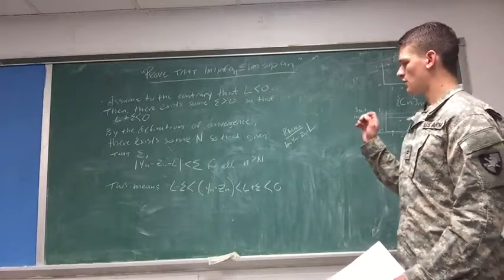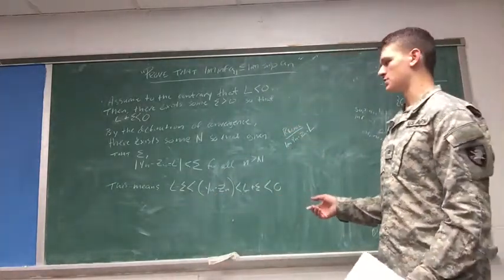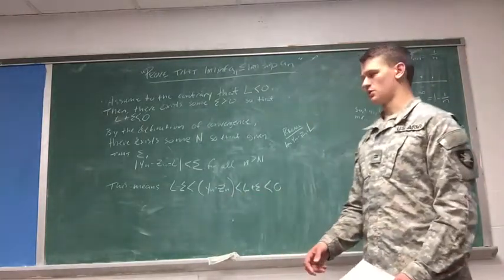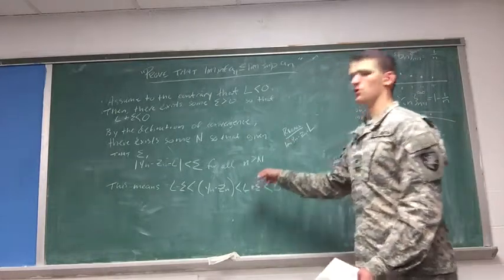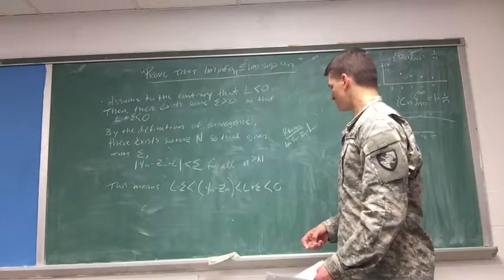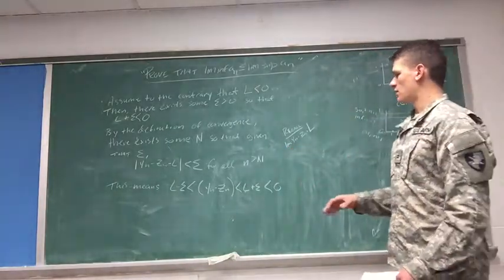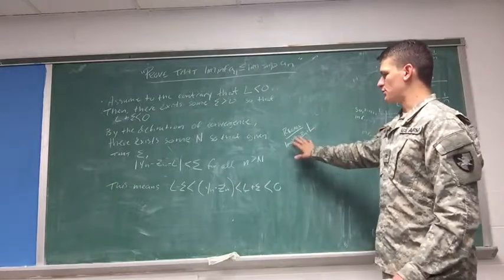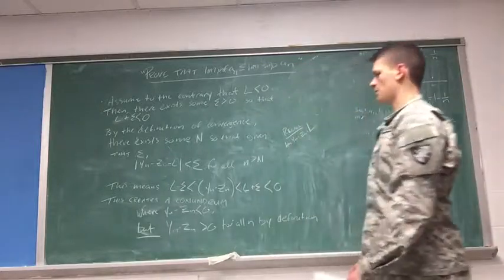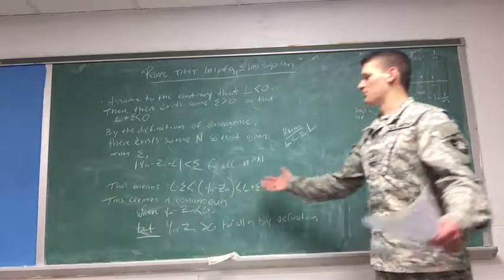So this means that L minus epsilon is less than y sub n minus z sub n, which is less than L plus epsilon, which is less than 0. And just to remind ourselves, recall that L is defined as the limit of y sub n minus z sub n. All right, so given this inequality, this creates a conundrum.